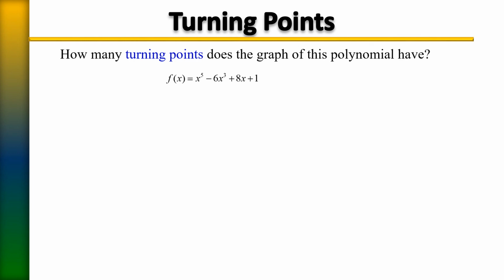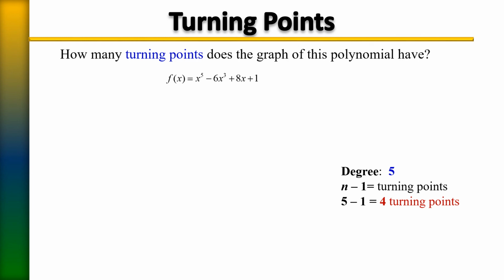So this is a 5th degree polynomial, which is an odd degree. Now to find the number of turning points, it is simply n minus 1. And if n is 5, that's 5 minus 1, which is going to give you 4. So when we sketch this graph, we can expect there to be 4 turning points.